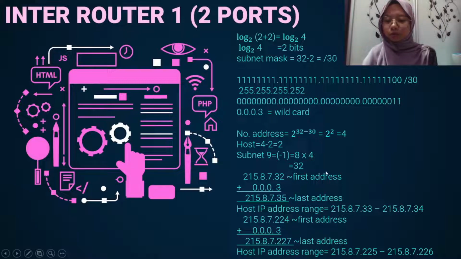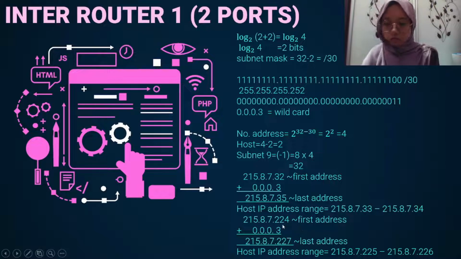So 215.8.7.32 is our first address. We get it from this, and then we just add the wildcard, and then we get 215.8.7.35. But we do not use this because it will be overlapping, so we just continue from before.